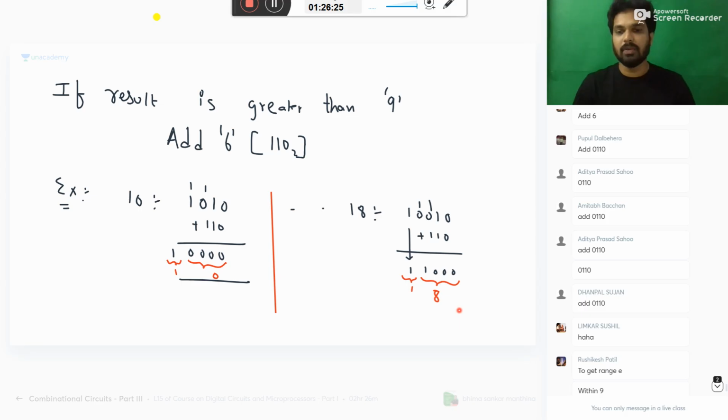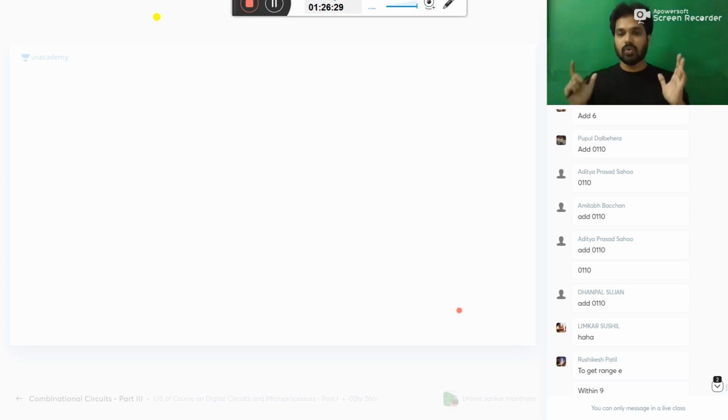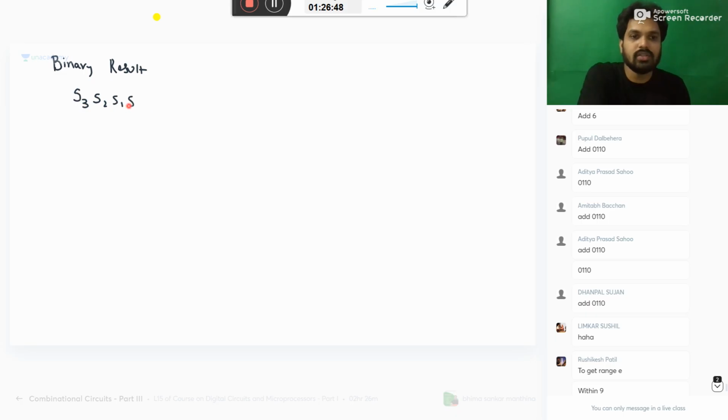Now come to implementation. How to design this? Let's see. First you take binary result: S3, S2, S1, S0, and carry C4.